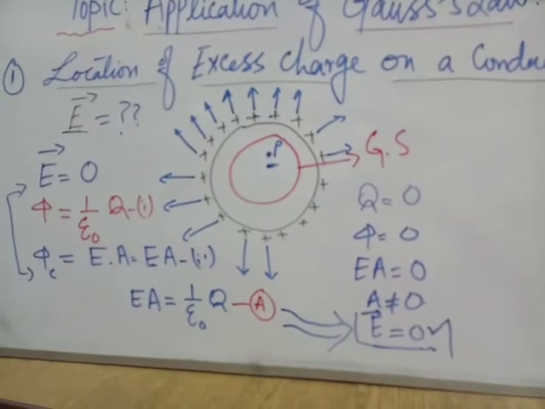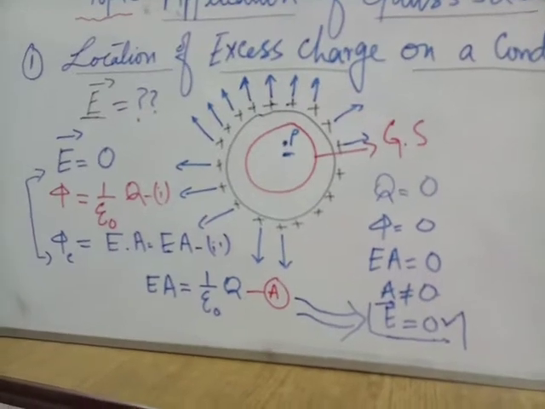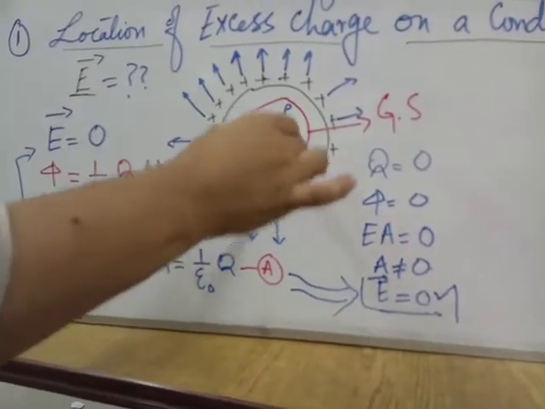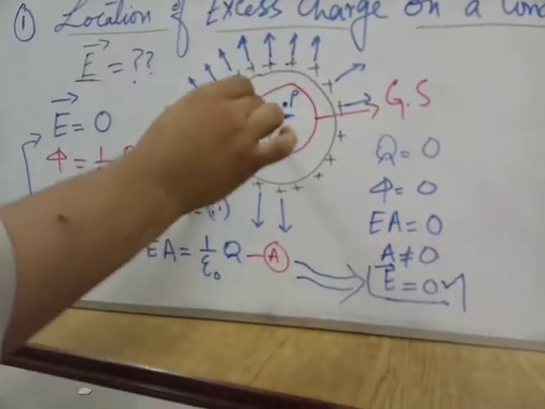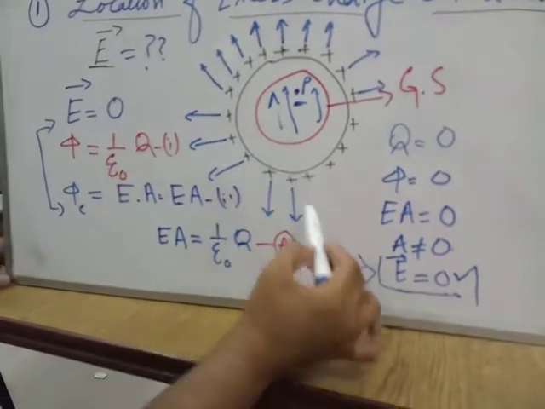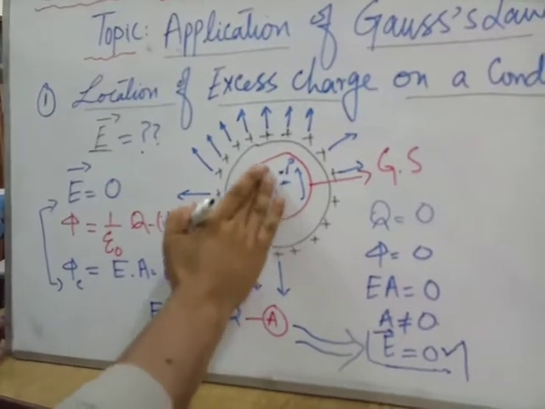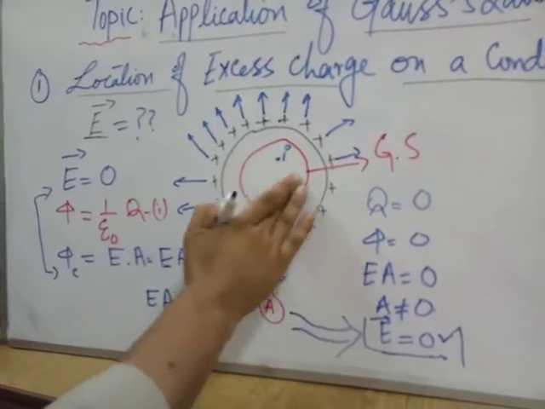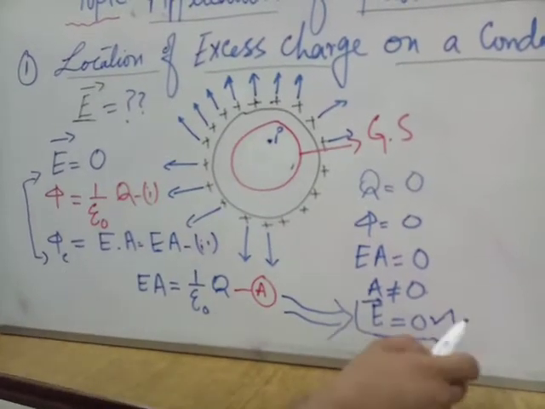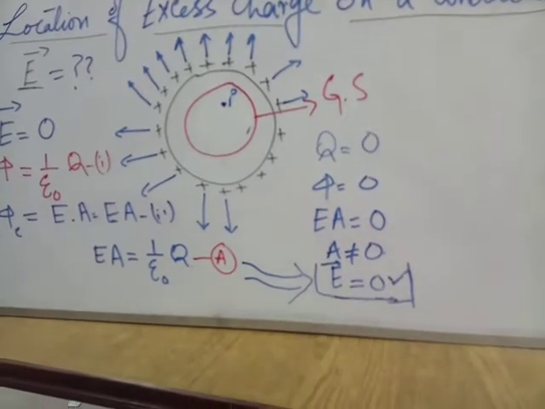By definition, electric flux is the number of field lines passing through a certain element of area. If lines pass through that area, the flux will be maximum. But here there are no field lines passing through that point P. So flux inside a hollow charged sphere is 0.